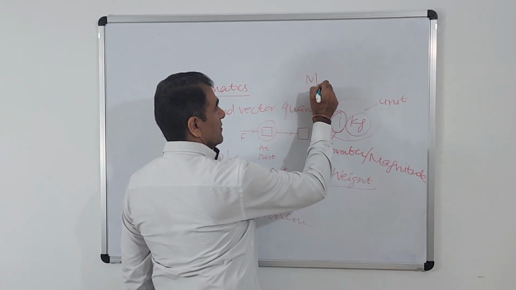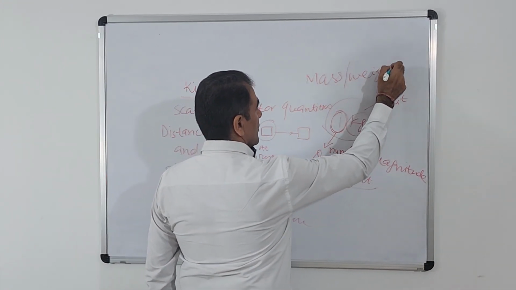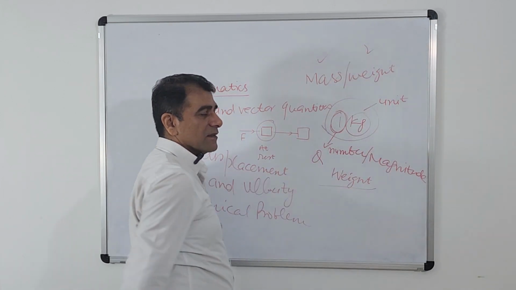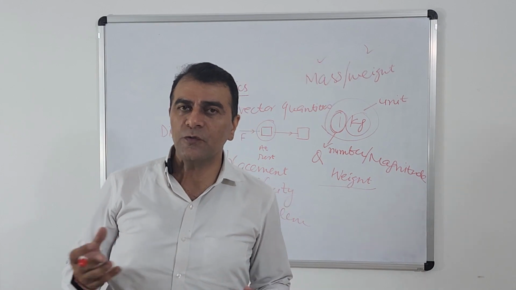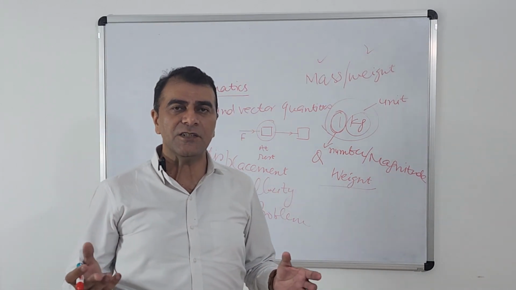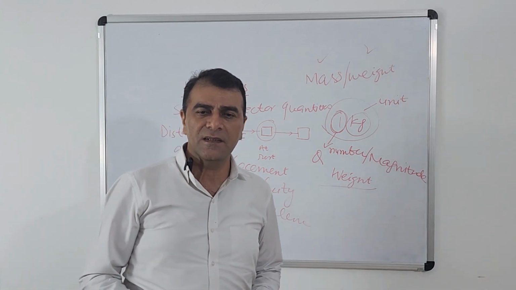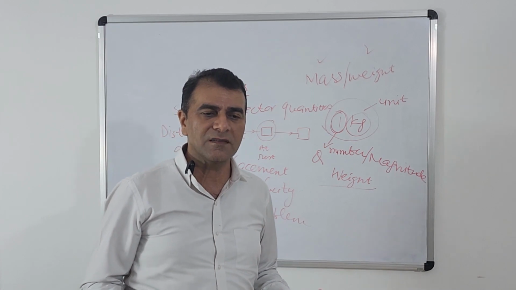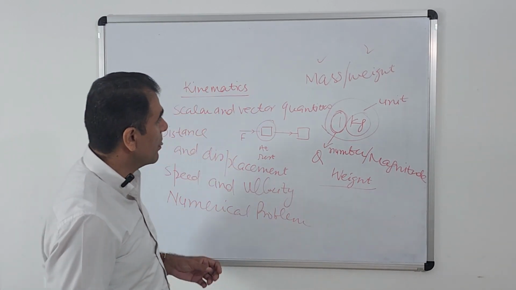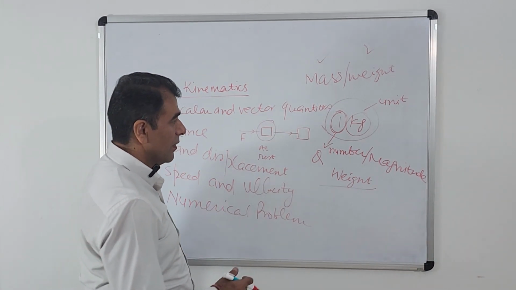Actually, there are two things: one is mass and the other is weight. Both are physical quantities, right? There is a difference between mass and weight. When we go to other lectures, like gravitation, I will tell you the basic difference between mass and weight. Generally people in layman language say mass and weight are the same. No, mass and weight are not the same.